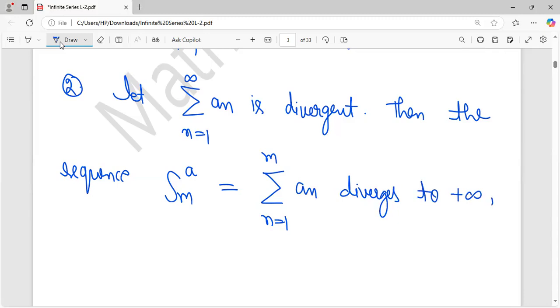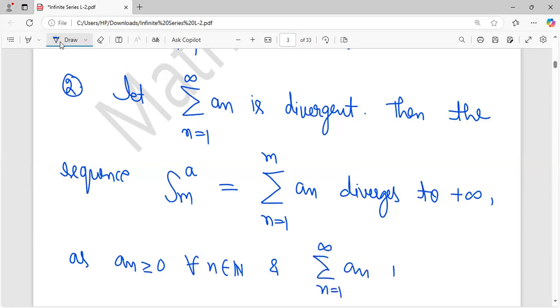Okay, diverges to plus infinity as an is non-negative for all n belongs to N, and this is divergent. Okay, divergent.